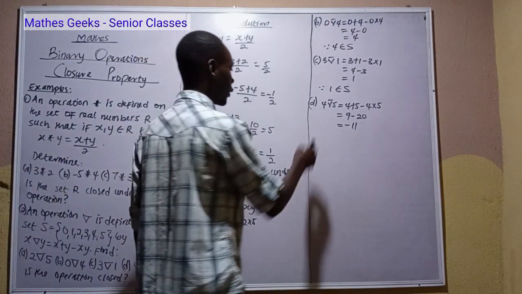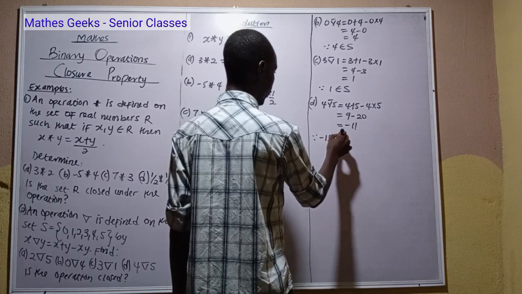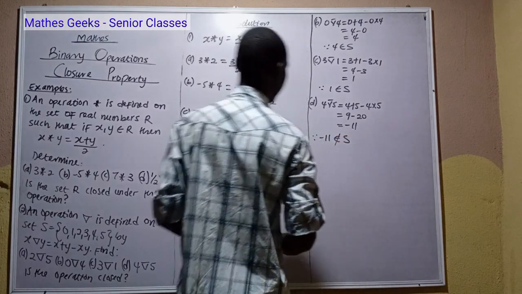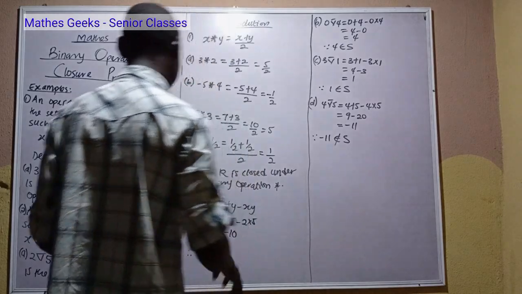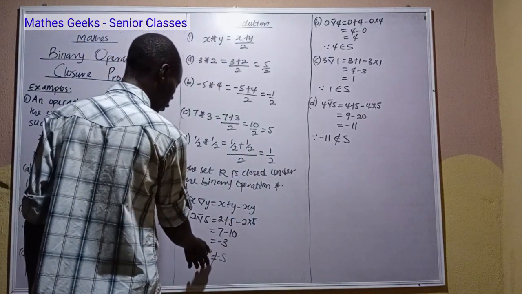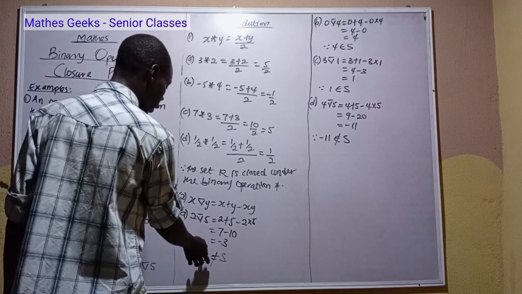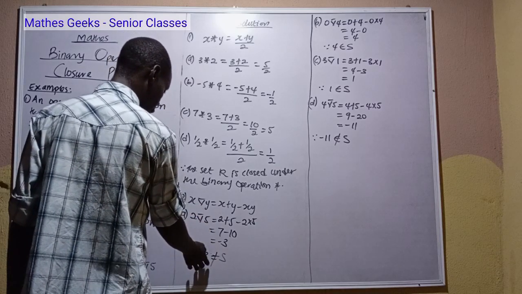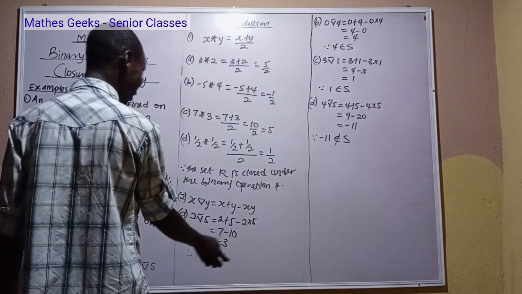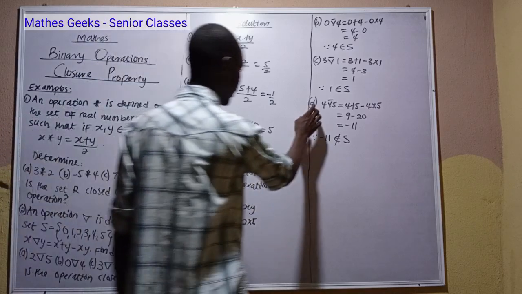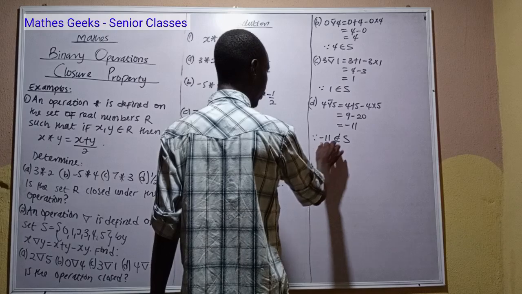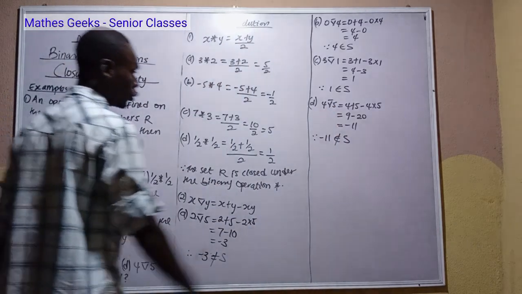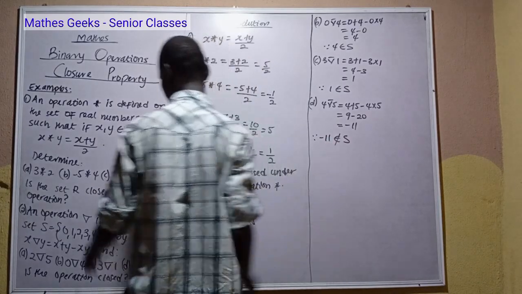Therefore, minus 11 is not a member of the set S. Now, looking at the final result, the third element produced from combining 2 and 5 is not a member of the set S. From D, the third element minus 11 produced from combining 4 and 5, which are members of the set S, does not belong to the set S also.